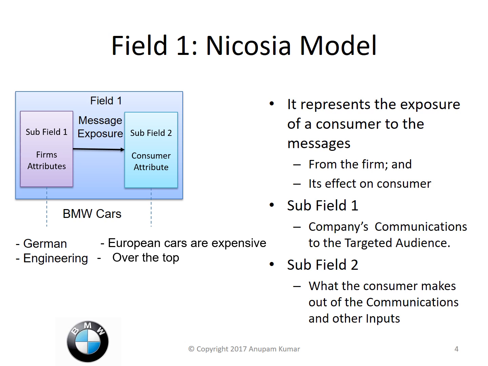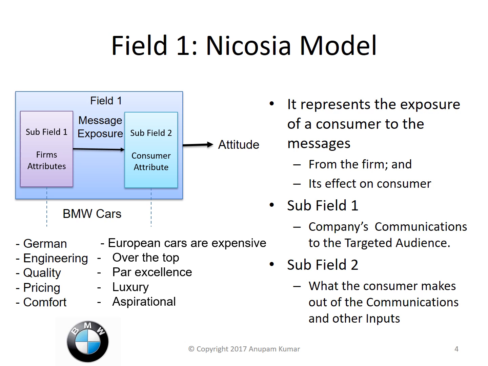Another attribute could be about its engineering, which the consumer may assume to be over the top. The quality could be par excellent. The pricing may represent luxury to the consumer. The comfort factors, aspirational. So with these attributes, the consumer is likely to form a certain attitude about the product.